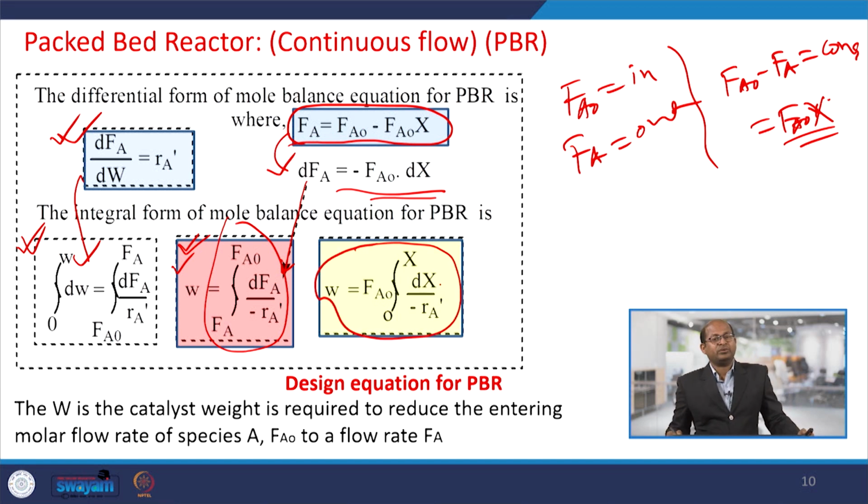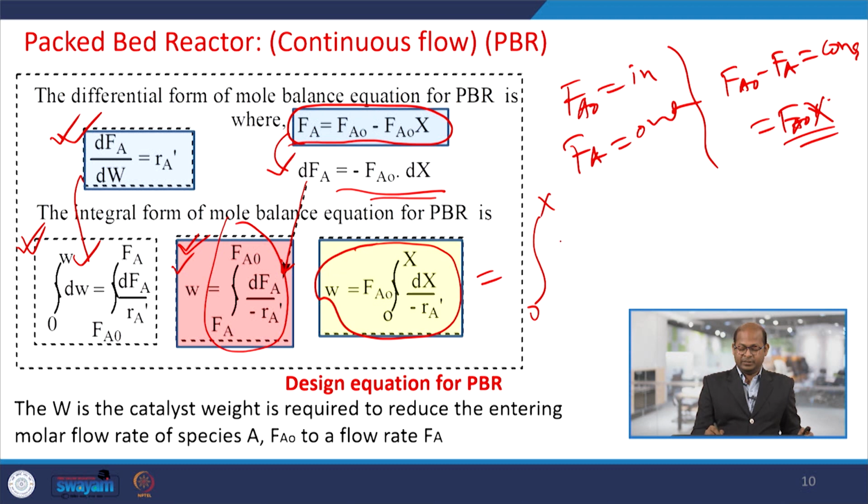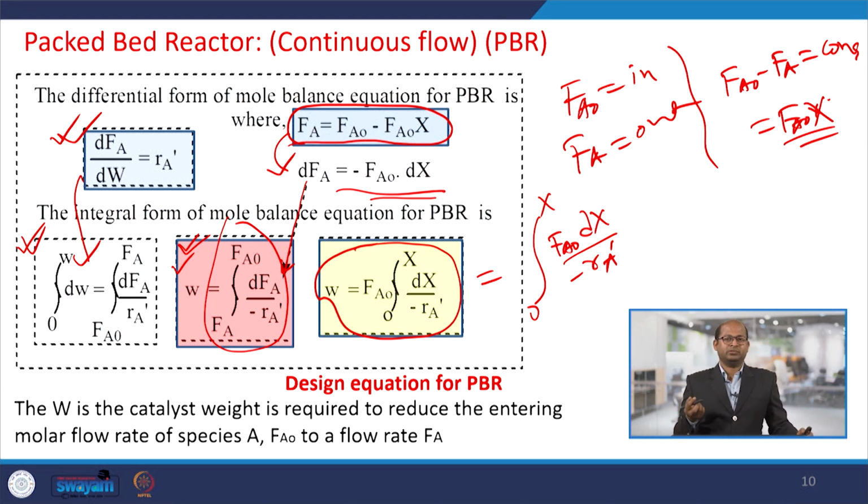So W equals FA naught, integrating 0 to x, dx by minus RA prime. FA naught is constant, so we can take it out of the integration, inside or outside, either way we can express it. So this is the design equation for packed bed reactors.